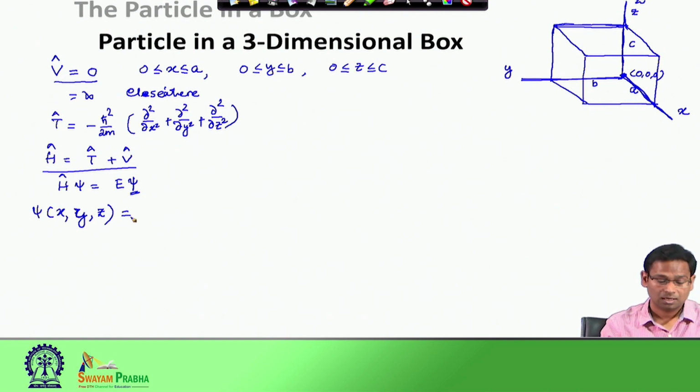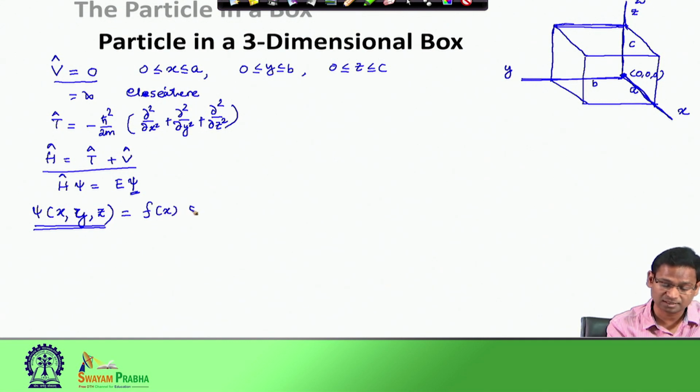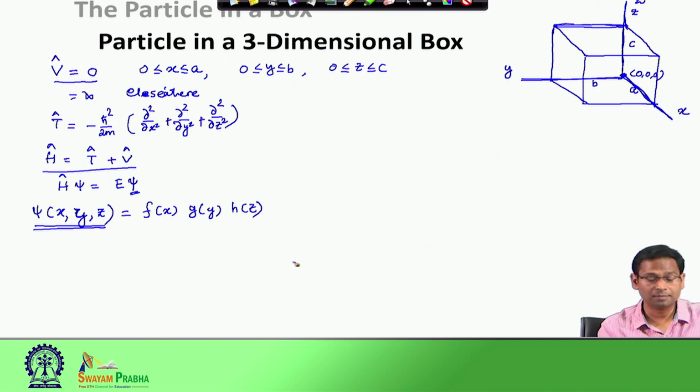This will be the final wave function that we are looking for. We are going to express it in terms of three functions, f of x, g of y, h of z. What we have done here is use the so called separation of variables technique.